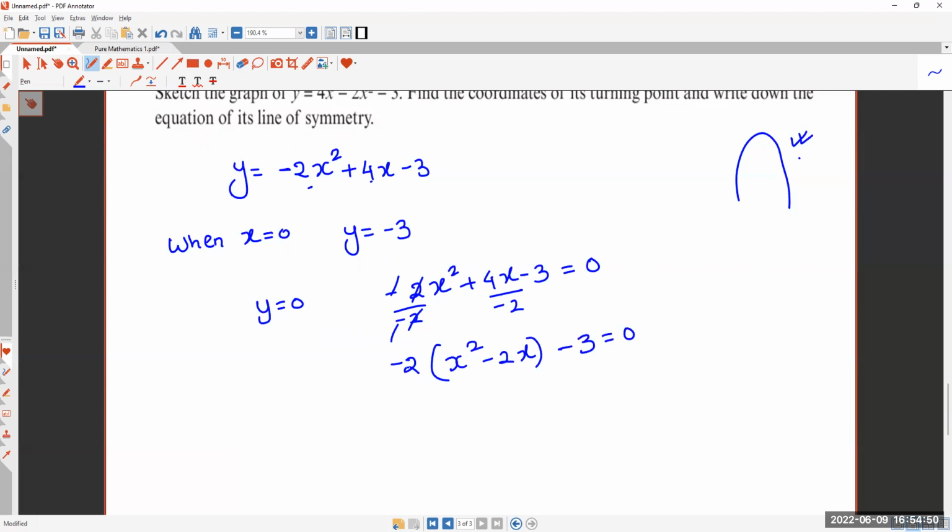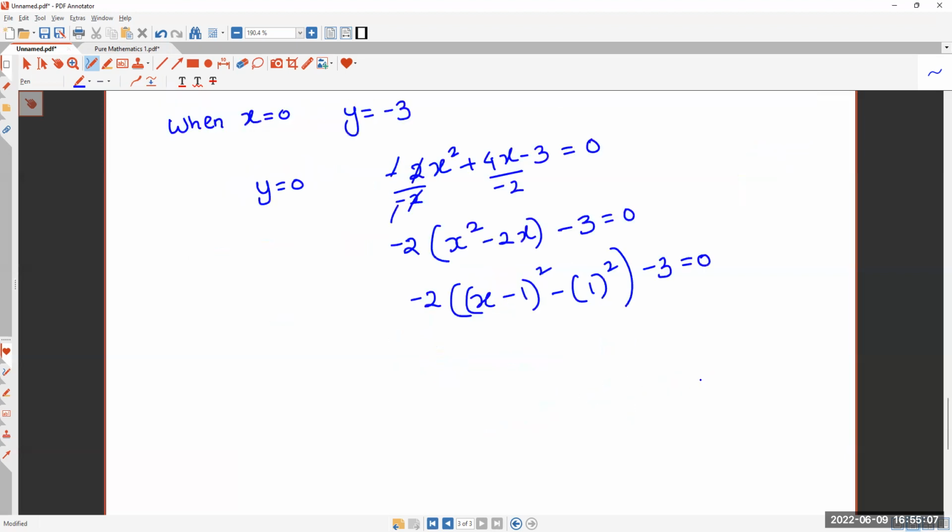0. So if you bring the x terms together, it's going to be x minus 1 because 2 by 2 is 1, right? Whole square minus 1 minus 3 is equal to 0.